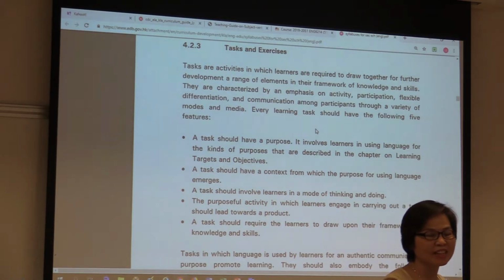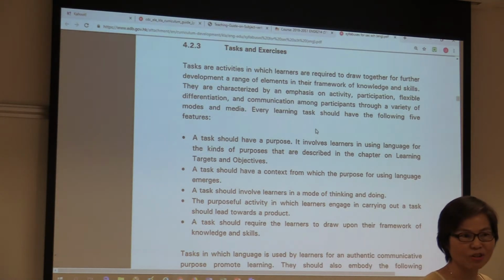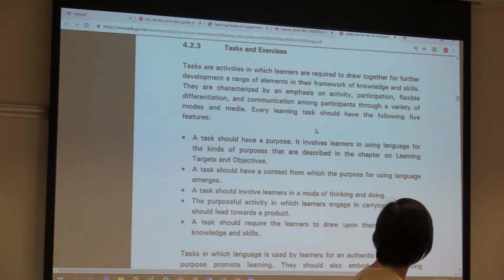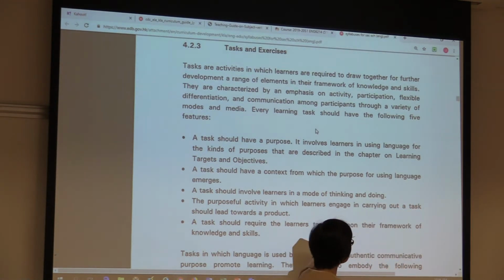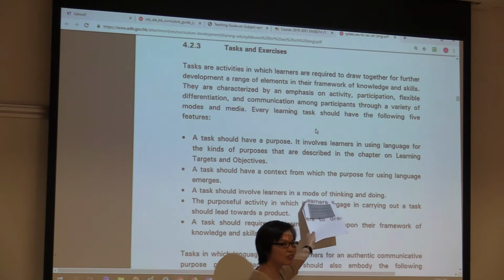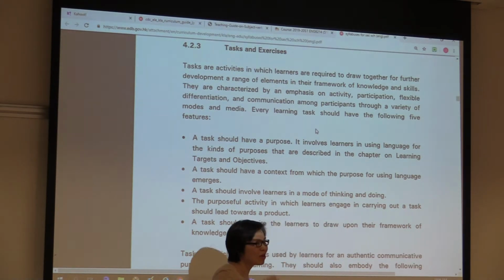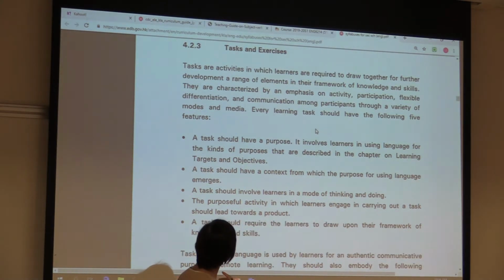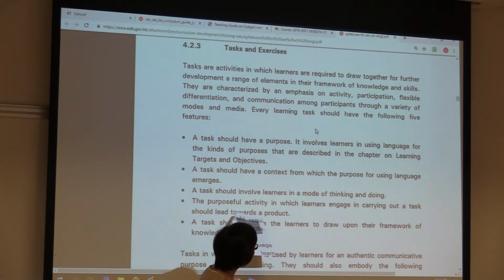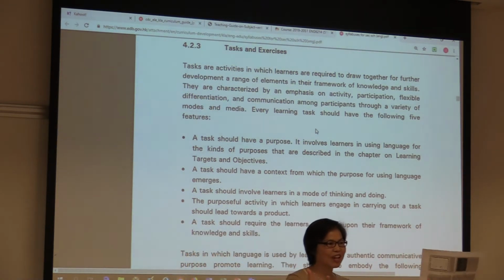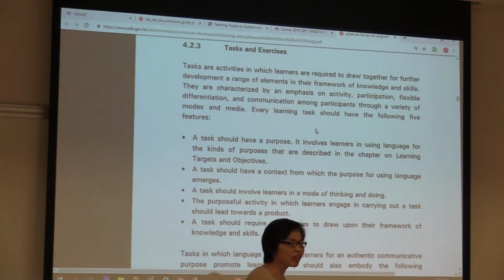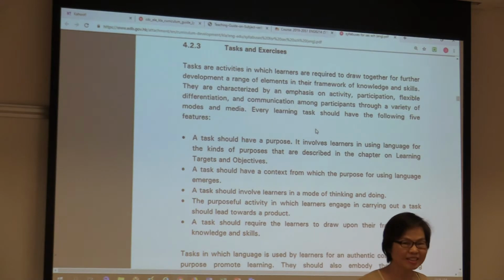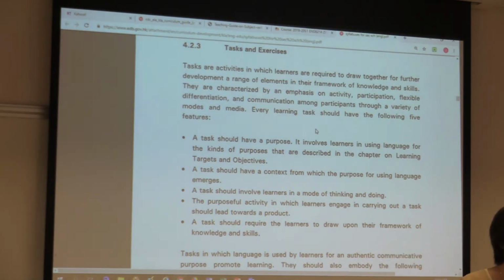Then they present their product to their classmates for that competition. It involves their thinking and doing, because they have to collect pictures and think about what happened to them in the old days. There will be a product, the album, and knowledge and skills. So that can be one task for the students.